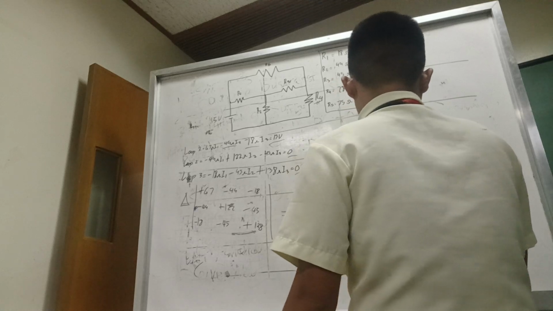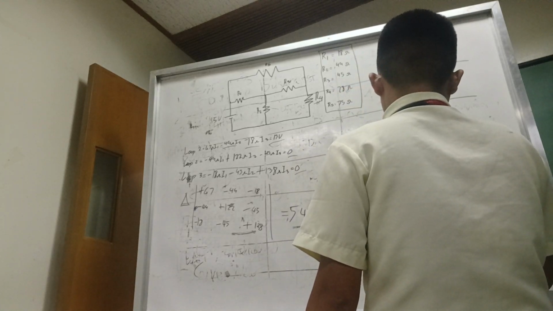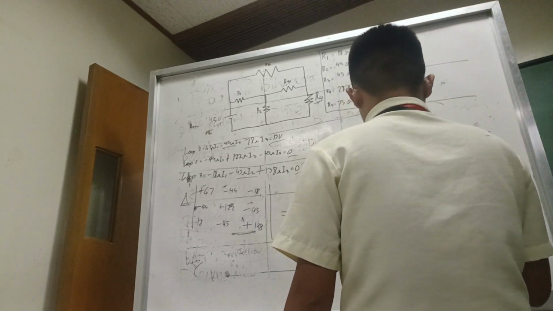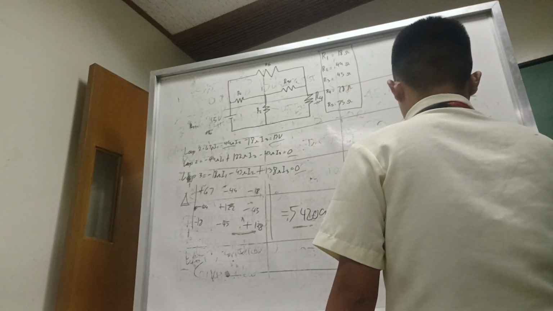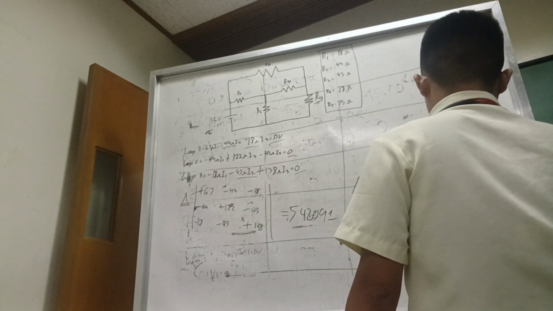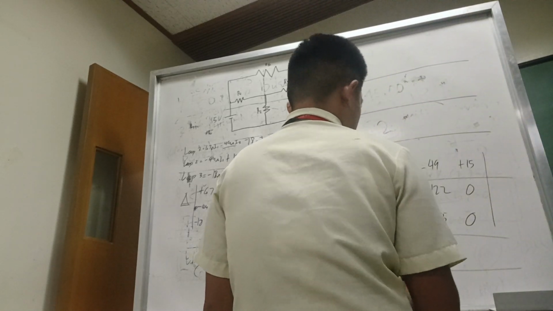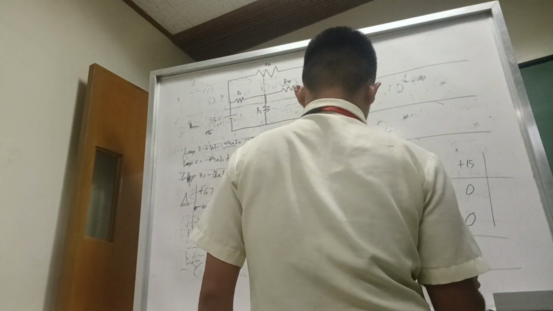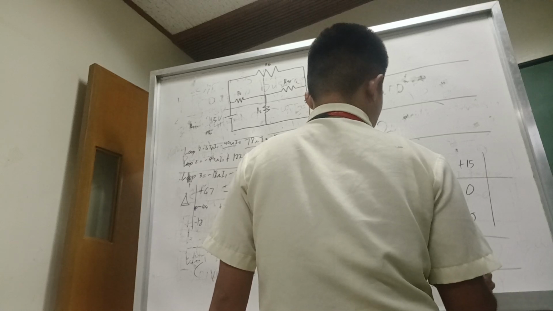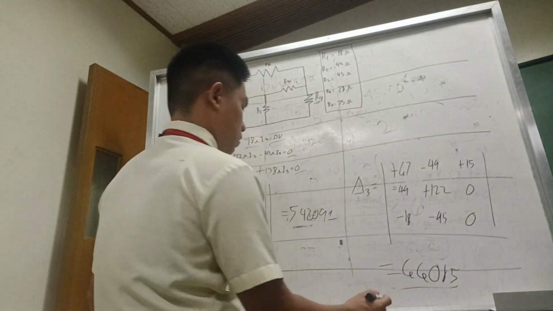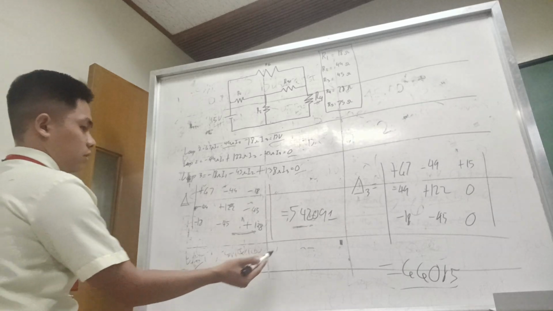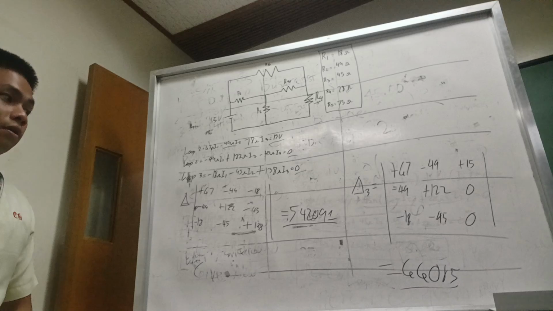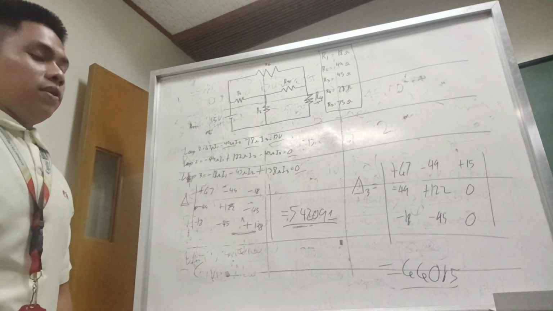It's all the same, negative 49, positive 122, 0, 118, negative 45, 0 again. So the answer of this delta sub 3 is 66015. This is the answer for delta sub 3, and this is the answer for delta. Please pause the video if you want to review. Okay, thank you.